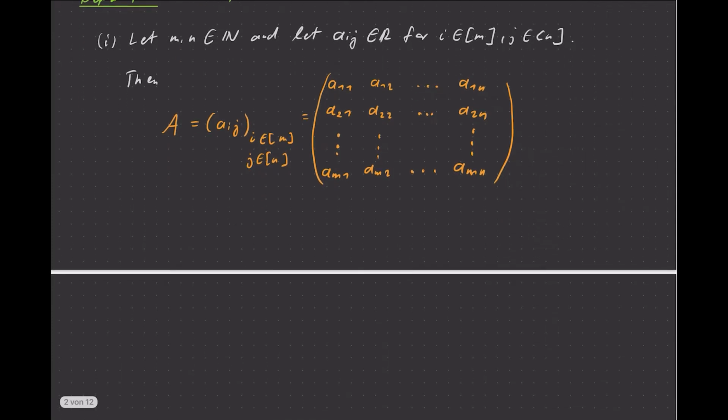So this here is called an m by n matrix. That's written as m times n matrix.